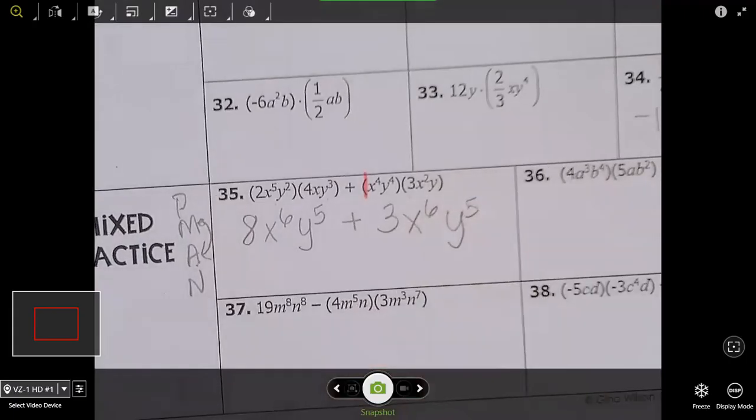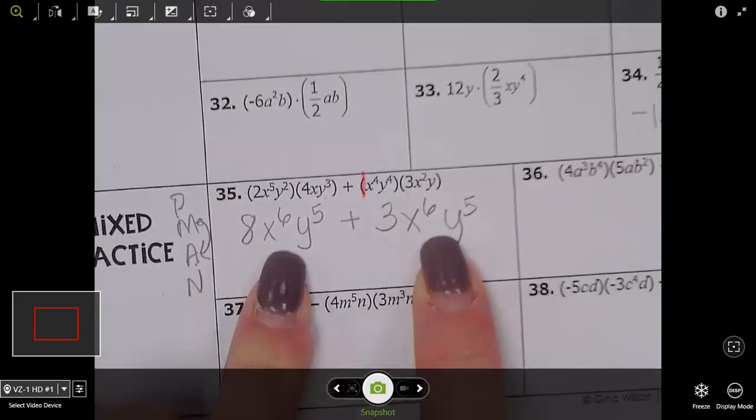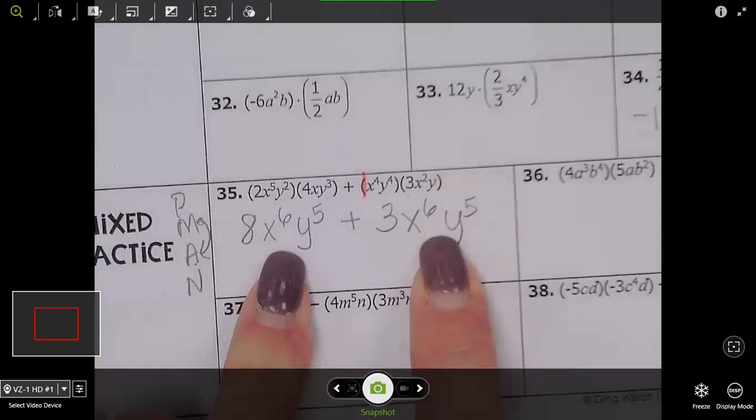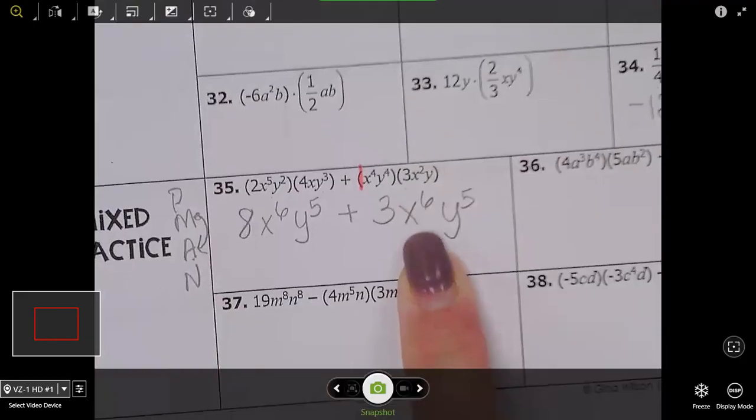So now I've got to do just one more step. Can these be combined? Why? They are the same variable and the same exponent, which means they are like terms.